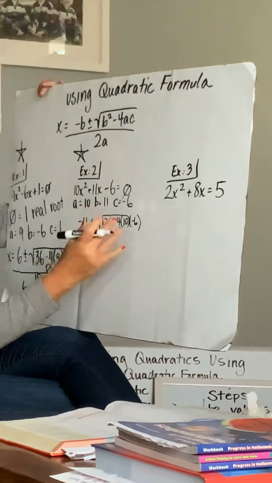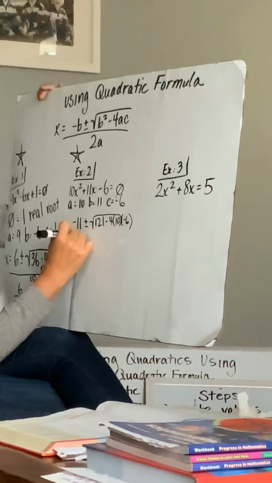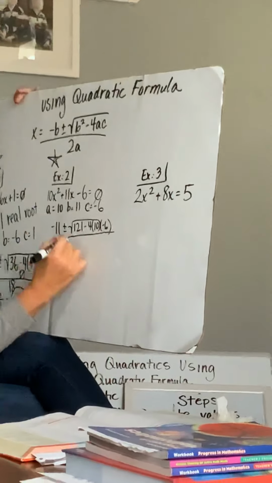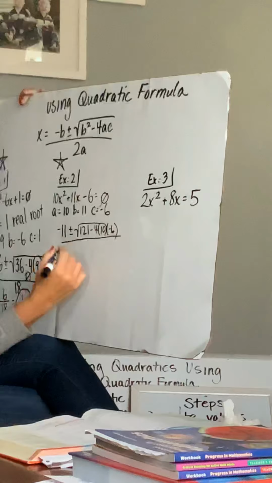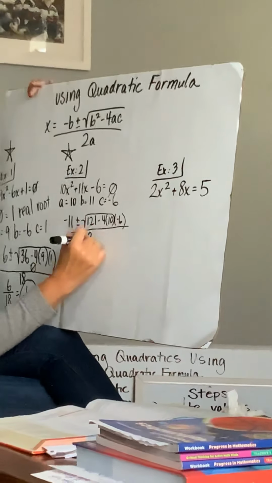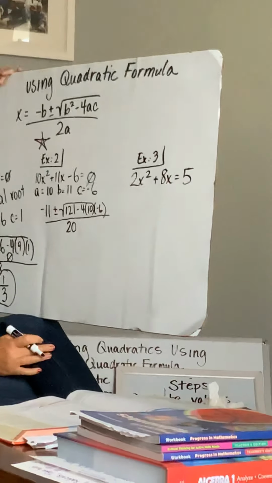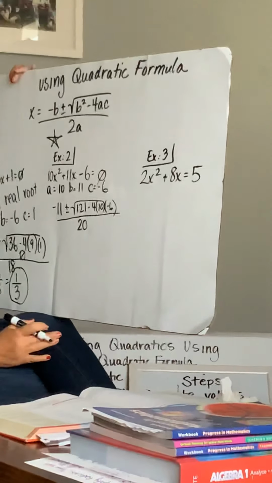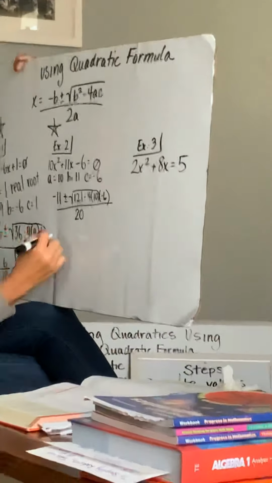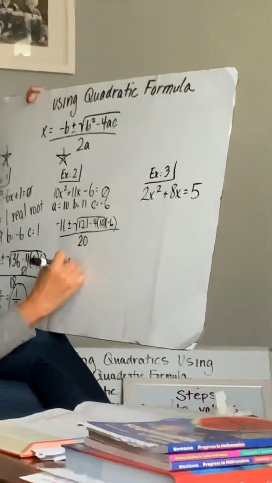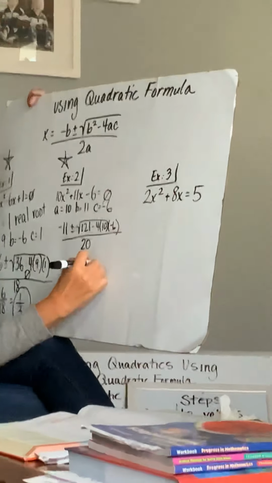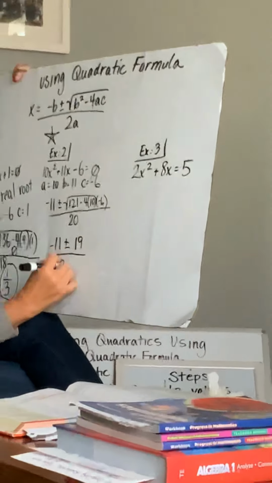So we had that as 240, which was the square root of 361. So 2 times a, so 2 times 10 is 20, okay? And I told you that the square root of 361 is 19. So we have negative 11 plus or minus 19 all over 20.